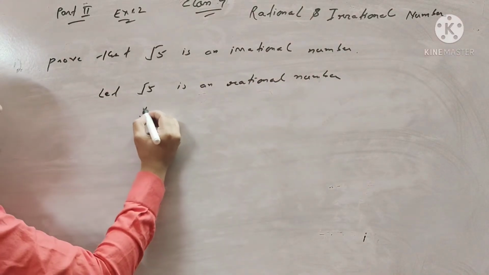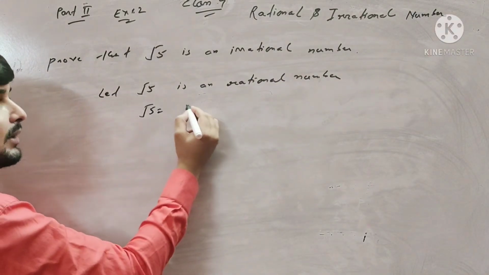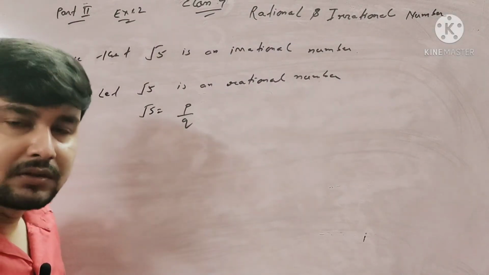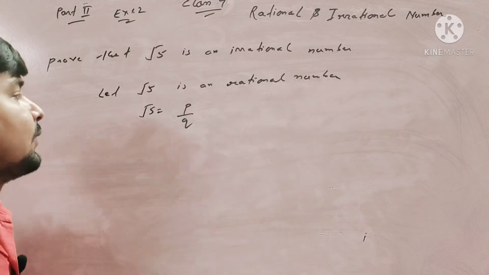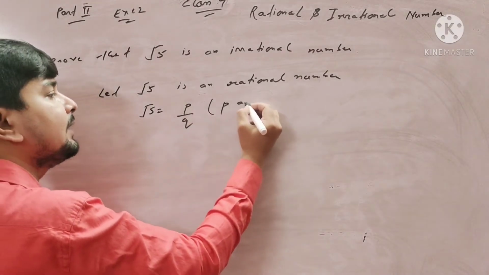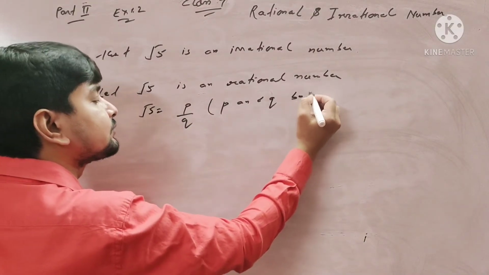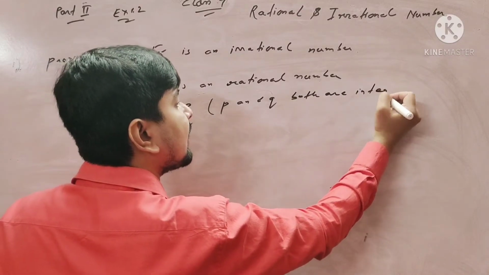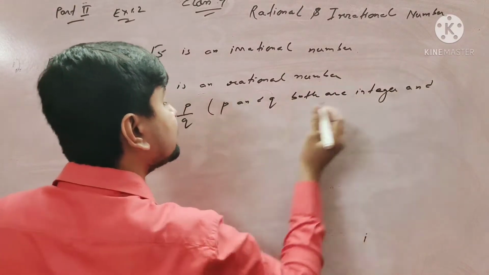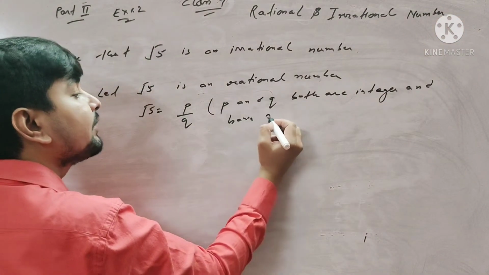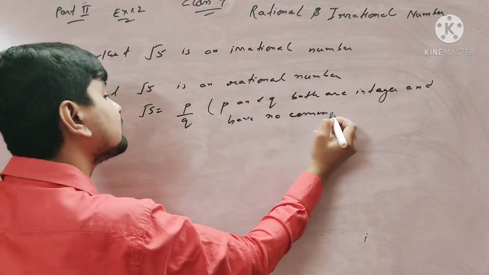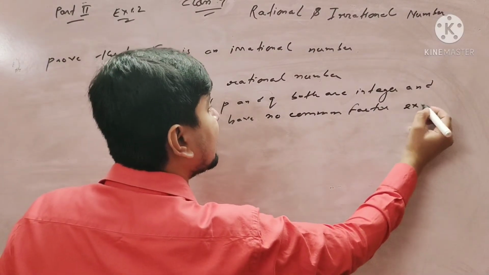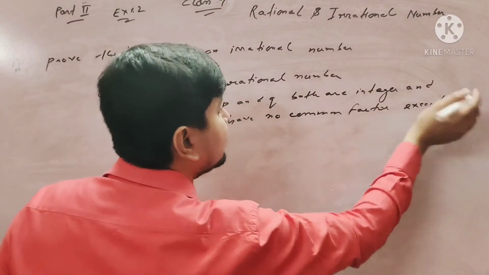We know that any rational number has the form p upon q, where both are integers. Last day we read that p and q are integers and have no common factor except 1.